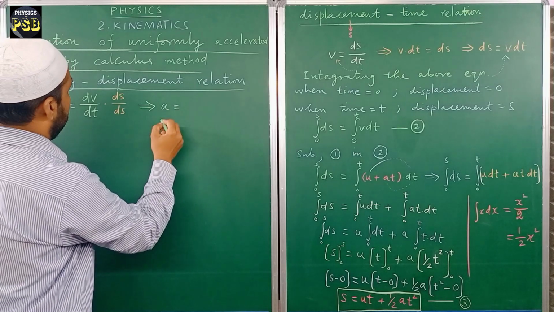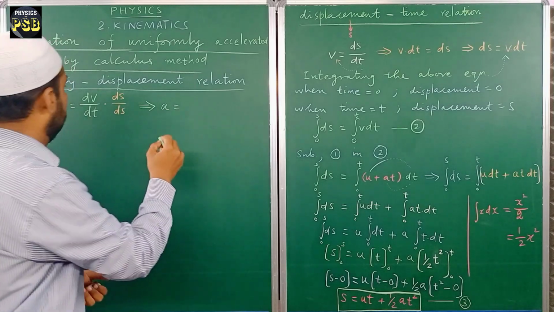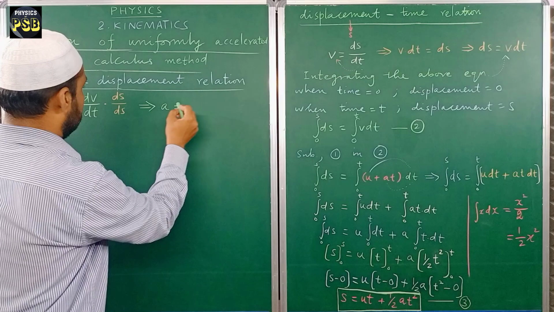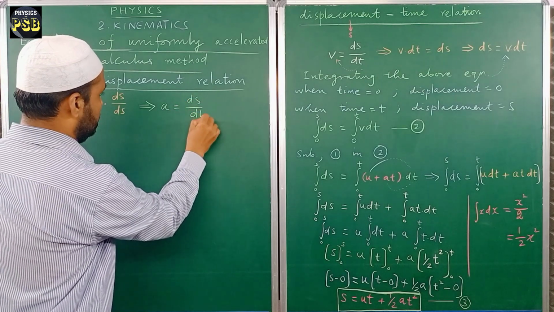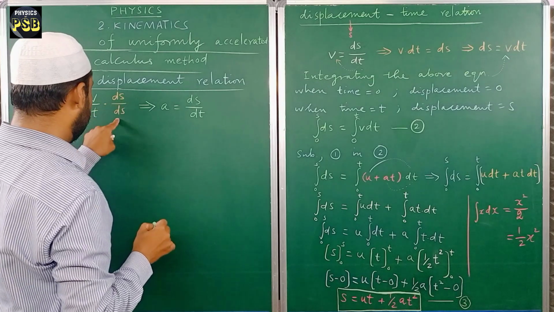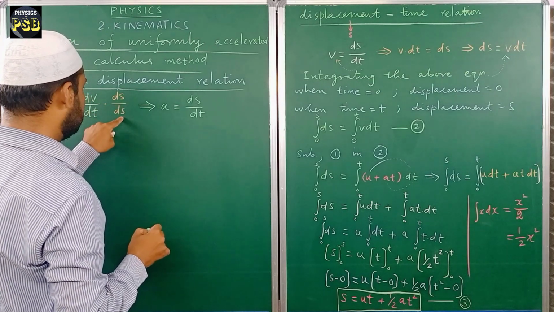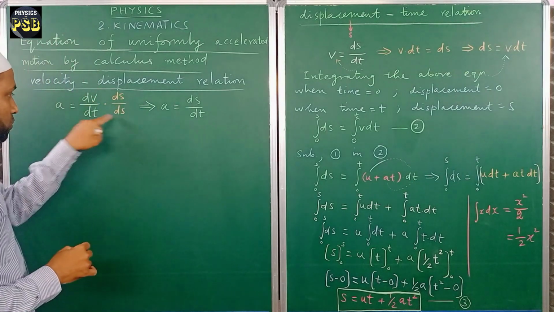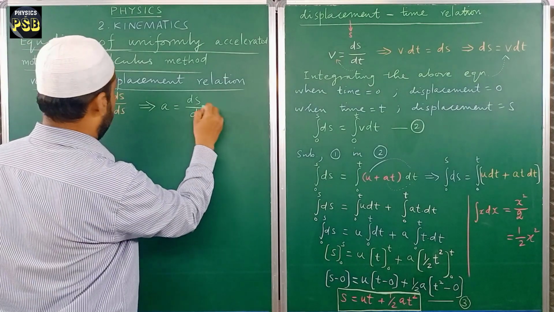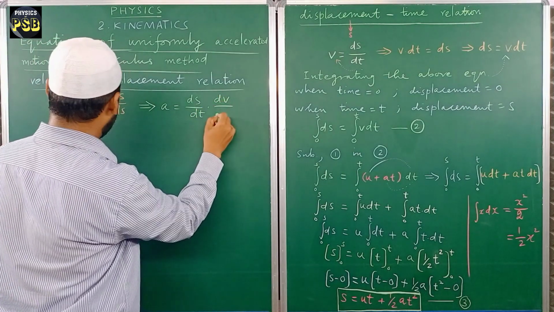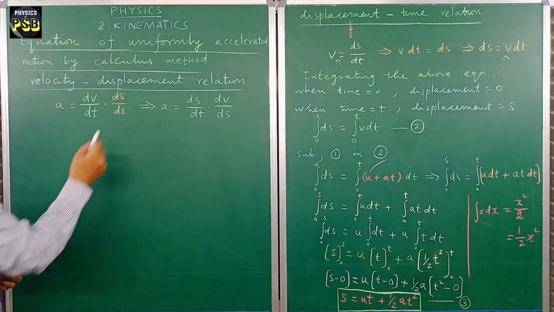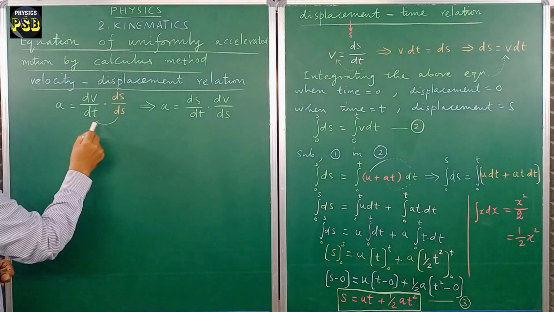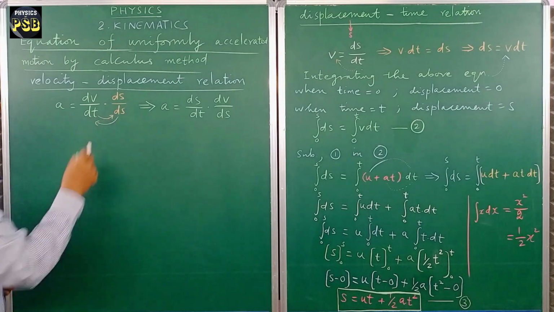Yeah. Write it this way. Plus ds upon dt, ds divided by dt, and this ds will go to this end, dv divided by ds. Now what have I done? I just brought this one here and took it to that side.